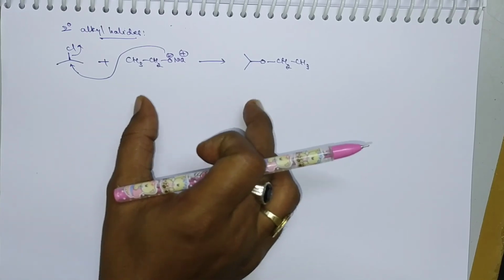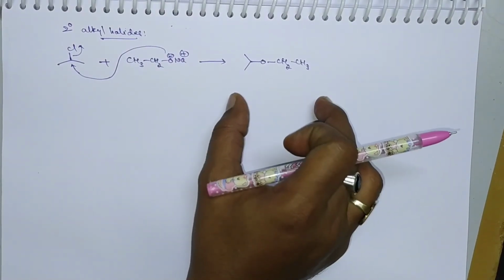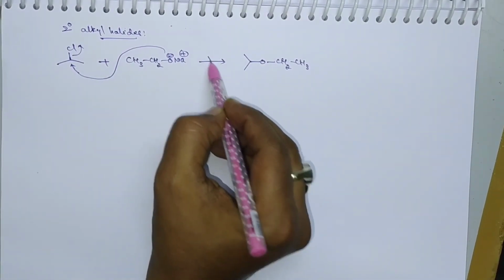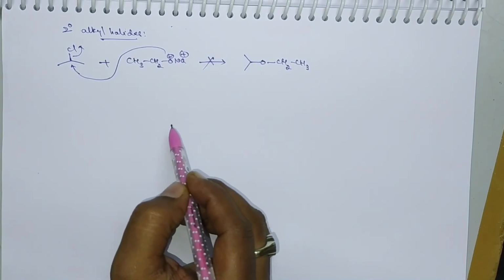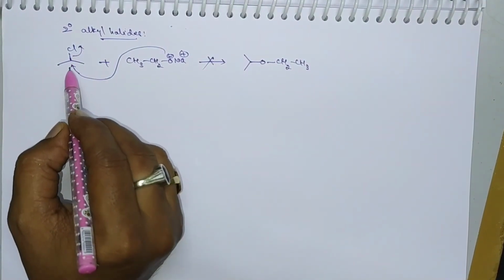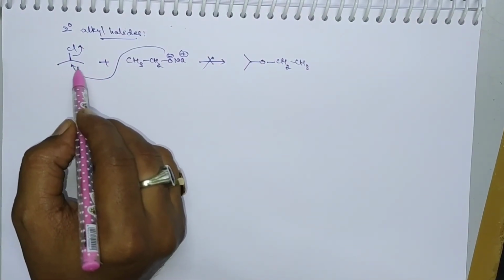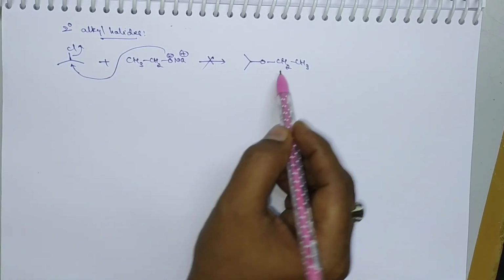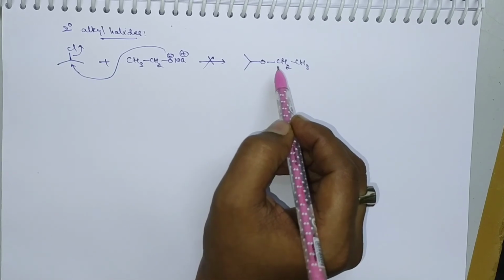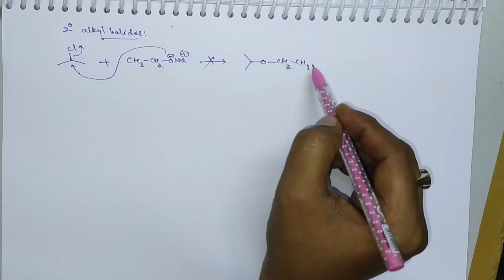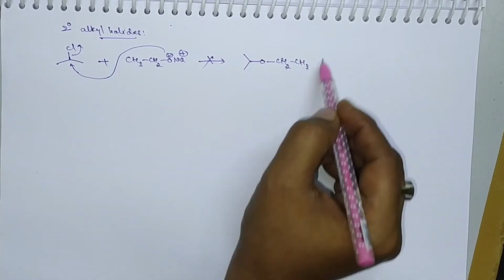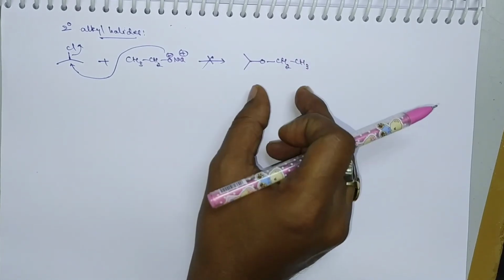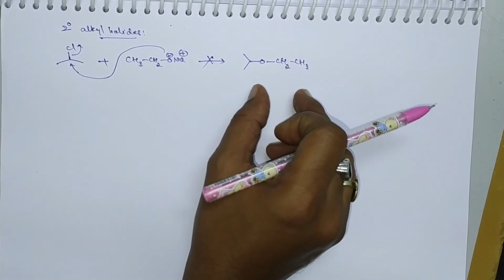But the reaction does not happen because there is steric crowding. Due to the presence of this steric crowding, we cannot prepare these ethers. So due to steric crowding, the ether cannot be prepared by using Williamson synthesis.